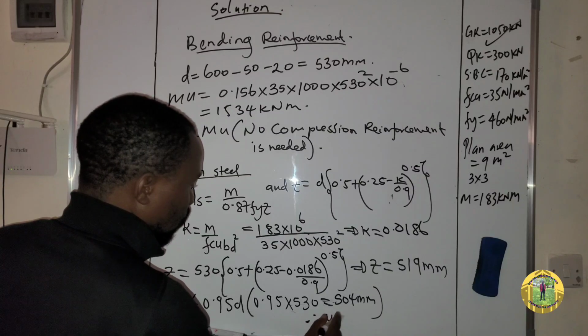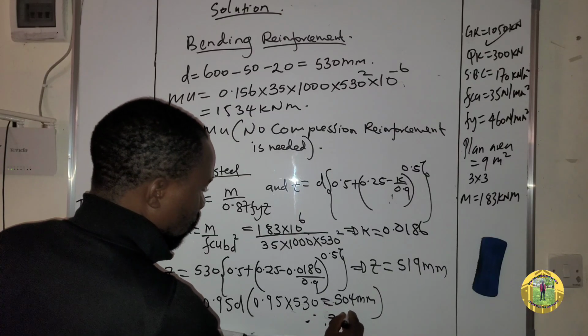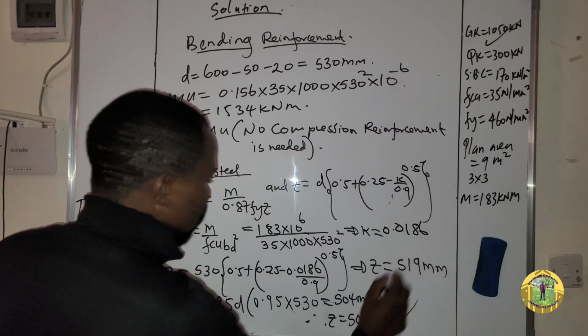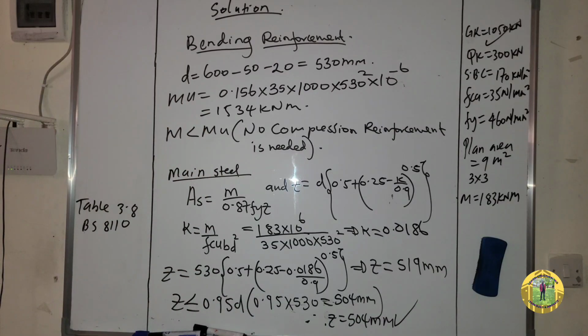Therefore, Z is equal to 504 millimeter. So we will use this Z as 504 millimeter.